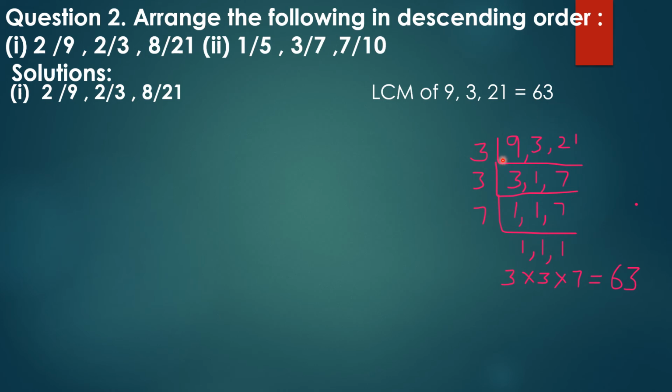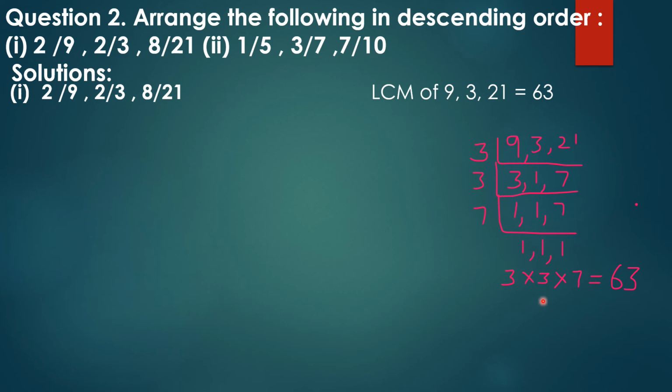So how? 9, 3, 21. 3 3s are 9, 3 1s are 3 and 3 7s are 21. And next, 3 1s are 3, 1 remains as it is and 7 remains as it is. Next 7, 1 remains as it is, 1 also remains and 7 1s are 7. Therefore, LCM is 3 into 3 into 7.